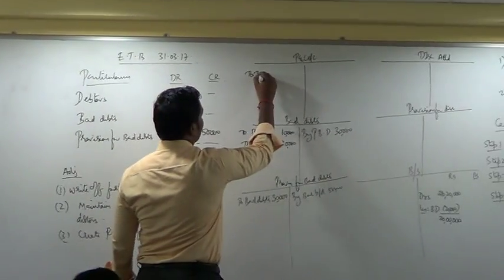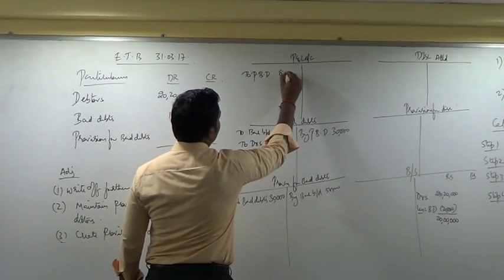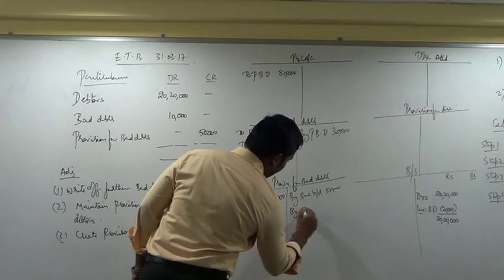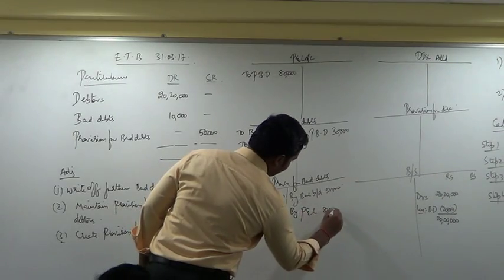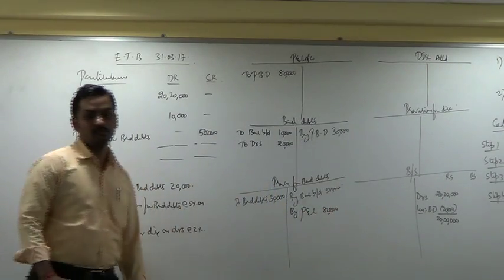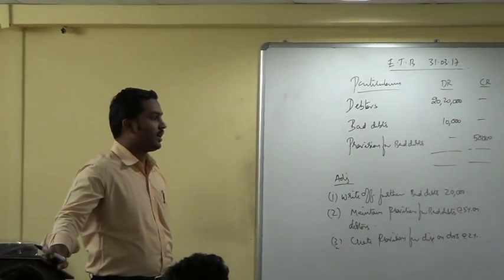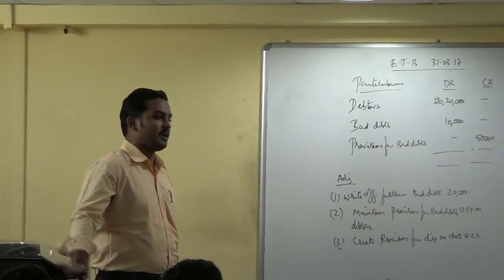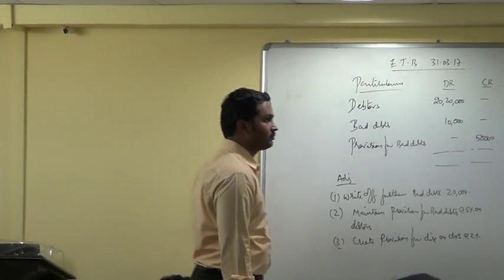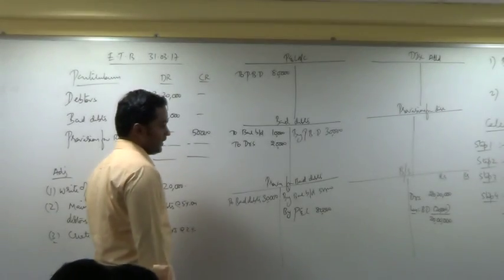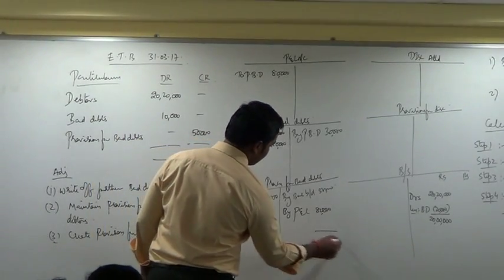P&L account debit to provision for bad debts, 80,000. Here you will give a credit by P&L 80,000. P&L account debit, provision for bad debts account credit. Now balance the provision account.